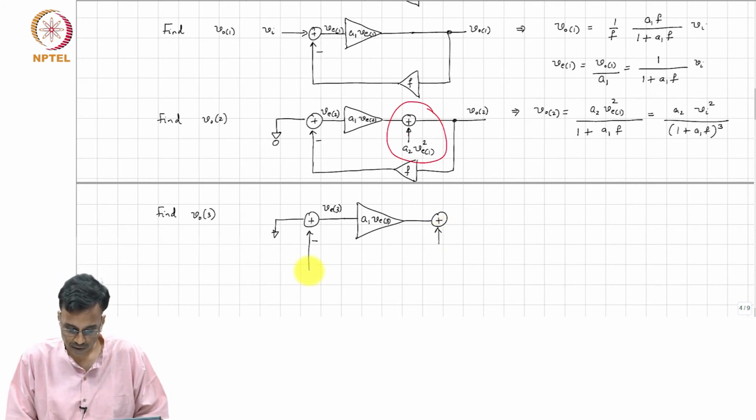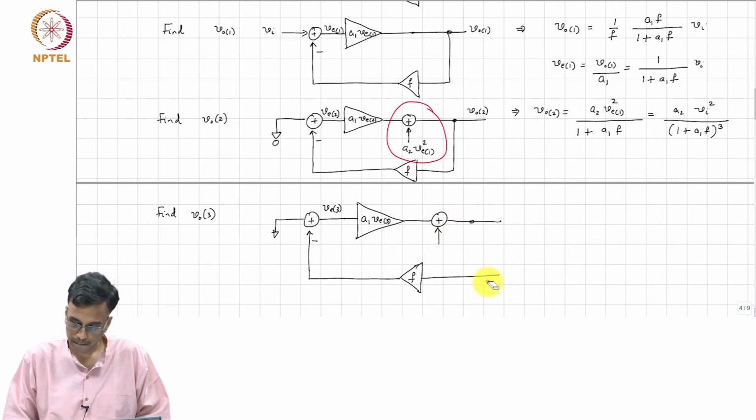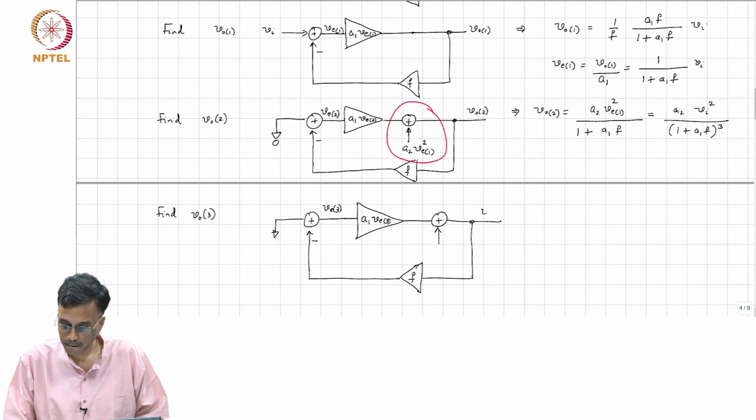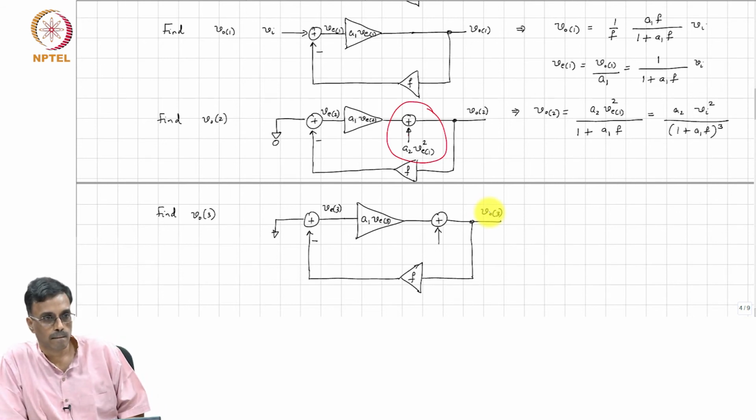And what was the stuff that we were supposed to inject? Like there we have to inject two more currents. One is A3 times V error 2 whole cube will come. And another current will be A2 times V error of 1 times V error of 2.